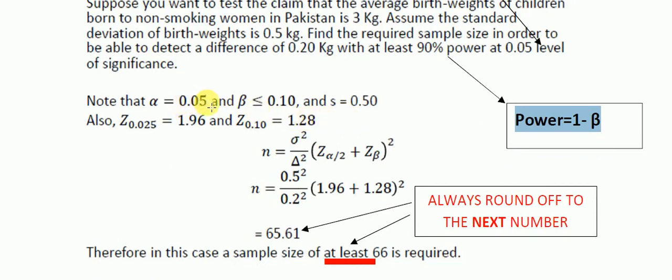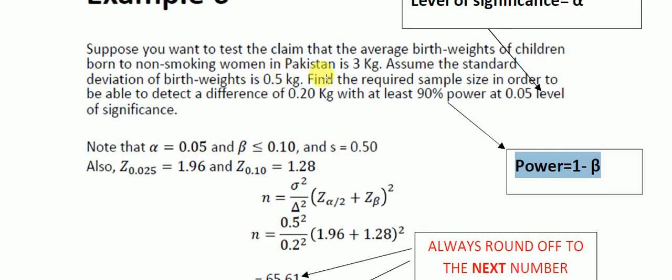Alpha is 0.05. Beta is, so what we'll do, we'll subtract power from 1. So basically what we'll do over here is we'll have to rearrange this formula. Beta is shifted over here, so it becomes positive.